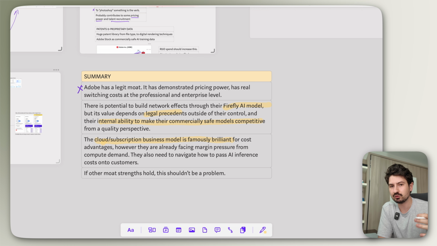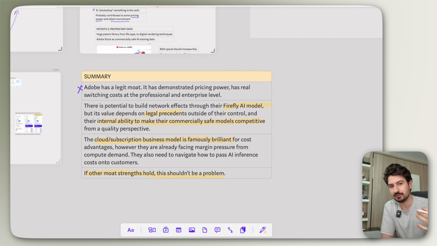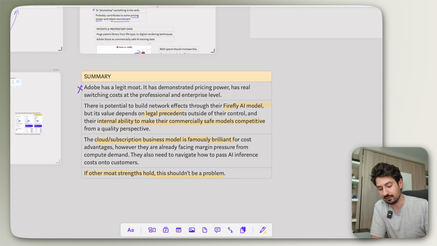If the other moats hold in terms of them having those switching costs and that pricing power, it may not be an issue that those compute costs go up, because they can raise their prices without losing their customers and maintain those margins and therefore that cash flow. But again, there's risks. So that is part 3 of our business breakdown on Adobe.